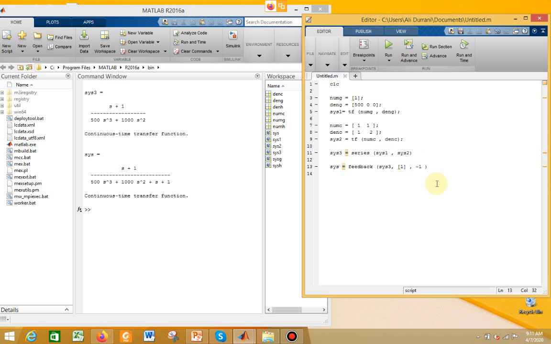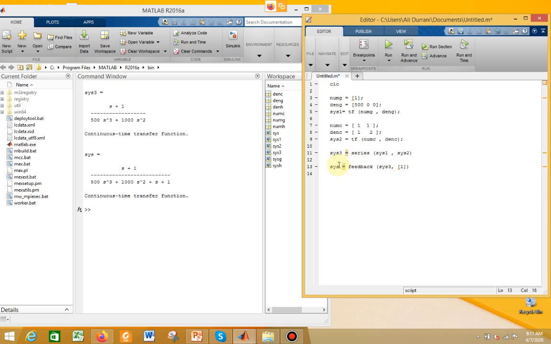As I told you, the negative feedback is the default configuration for most of the feedbacks. So if I don't write -1 over here and simply define it as feedback system 3 and square brackets 1, the result will be the same.